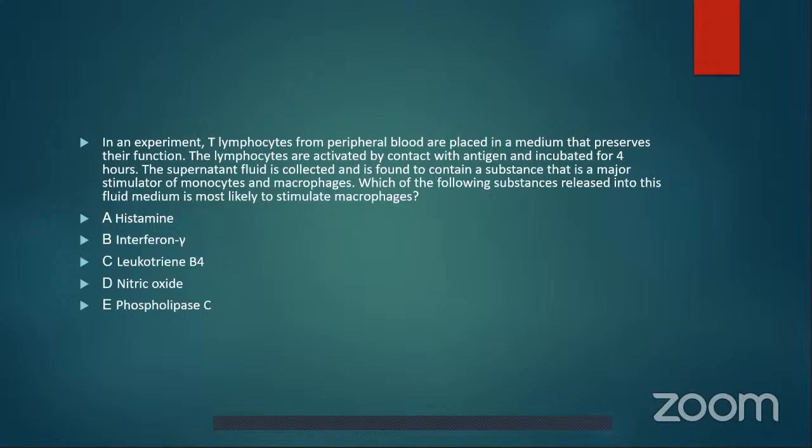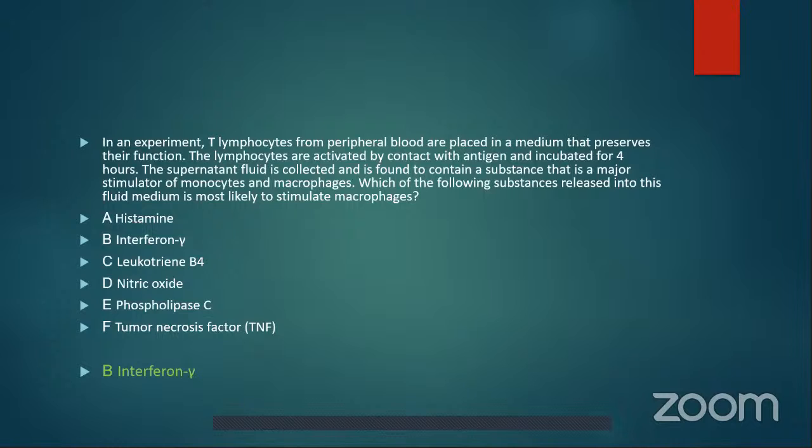So there we said monocyte because interferon gamma was there. Here there is monocyte and macrophage which are already getting activated by something which is released from the activated T lymphocyte. What is that something? It is interferon gamma. I hope I have made myself clear.